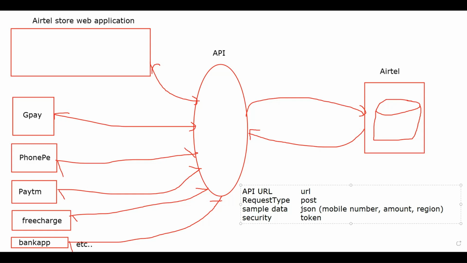These are all the verbs we have. Get is used to fetch the data. Post is used to insert the data. Put is for update. Delete is to remove. So desktop, tab, laptop, mobile, any devices can interact with the API.